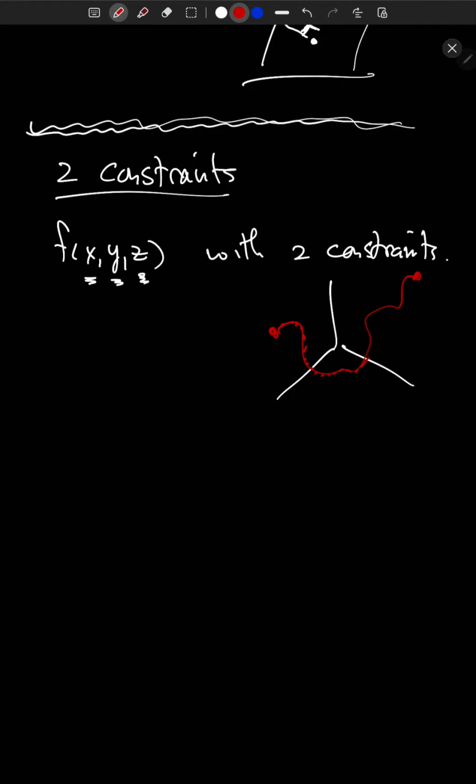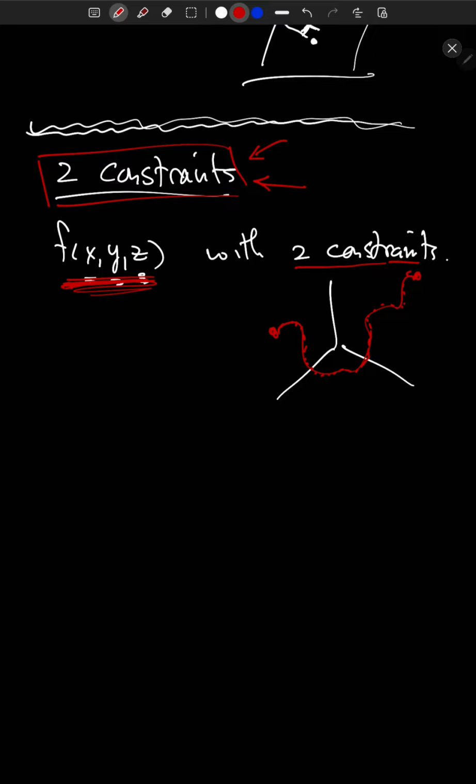We're trying to find the point on the curve in space that maximizes our function. All right, and 2 constraints is going to give us a curve, because each constraint is an equation. You've got 2 equations in space, so 3 dimensions. 3 minus 2 is 1, so that represents a 1-dimensional thing. So 2 constraints in 3 dimensions essentially means you're finding the max and min of a 3-variable function on a curve.